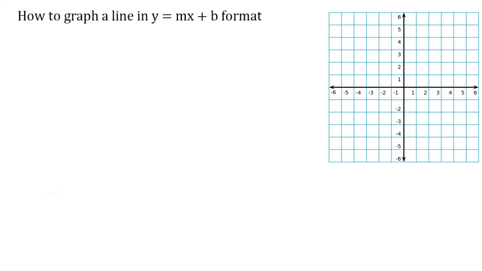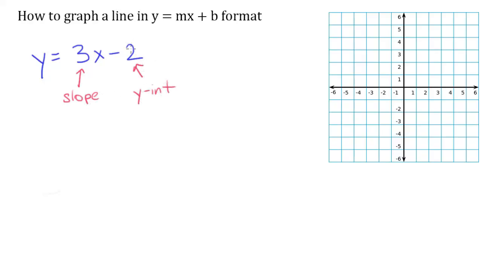Okay, let's look at one like this where we don't have a fraction for the slope. So let's say we had something like y equals 3x minus 2. So remember, we have a line in this format. The 3, the number in front of the x, represents the slope. And this number over here represents the y-intercept.